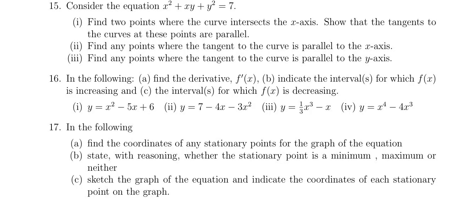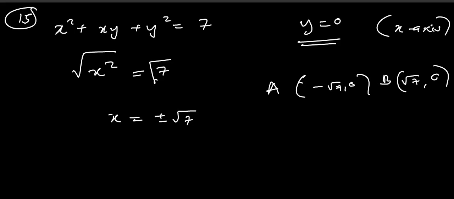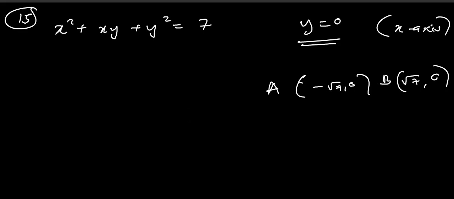Now we need to show that the tangents to these curves are parallel. They are parallel only if their gradients are the same. So we differentiate. We differentiate x squared, that becomes 2x.